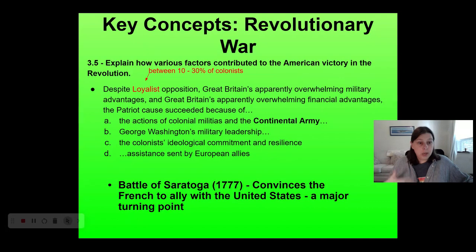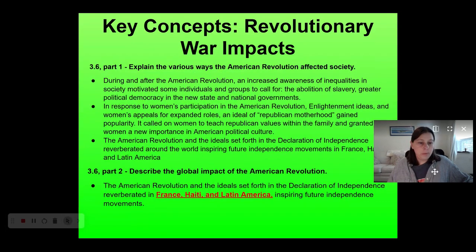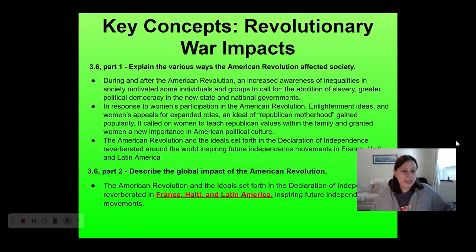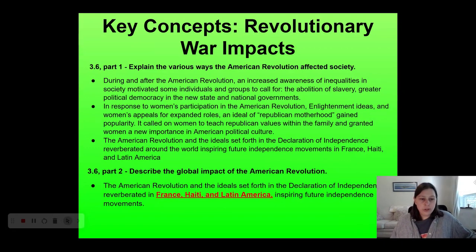The other thing that comes up about the Revolutionary War sometimes from the College Board is the impacts of the war. Down here at the bottom, you'll notice it's good to know that it has global impacts. Our revolution is really the first of these democratic, small r republican revolutions, and it kicks off a series of others. The French Revolution starts in 1789, the same year George Washington becomes president.